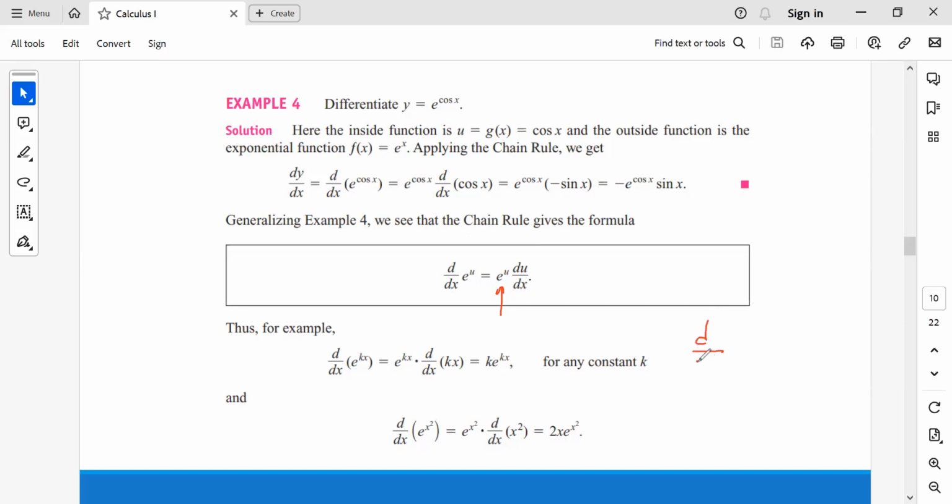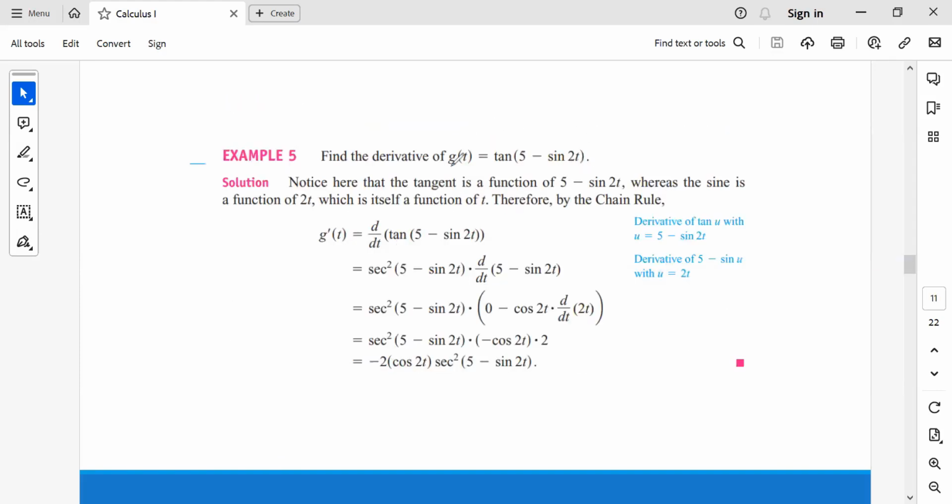What is the derivative of exponential x squared? It's exponential x squared times the derivative with respect to x of the exponent, x squared. This gives me 2x times exponential x squared.